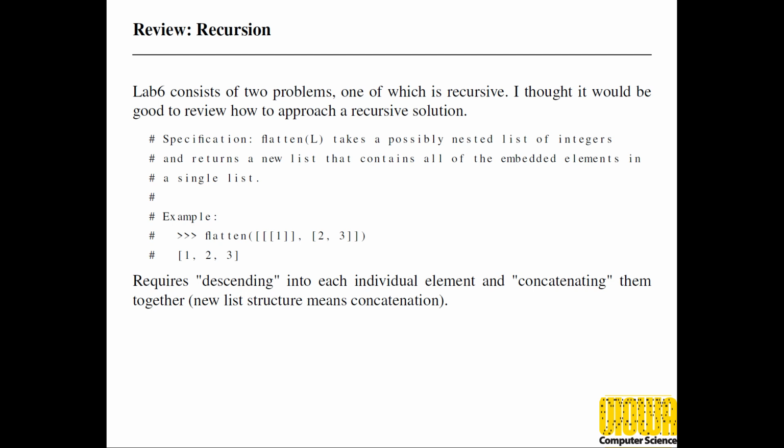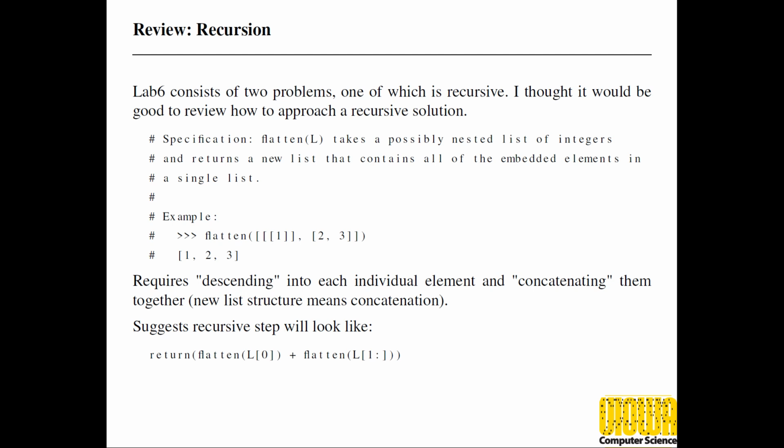So I'm going to posit that my recursive step is going to look something like this. I'm going to take the first element of L, and I'm going to flatten it and get back something that's probably a list, which I will concatenate with the rest of the list flattened. Now, if you think about this, in a sense, I'm peeling off the first element and returning a list containing all the numbers therein.